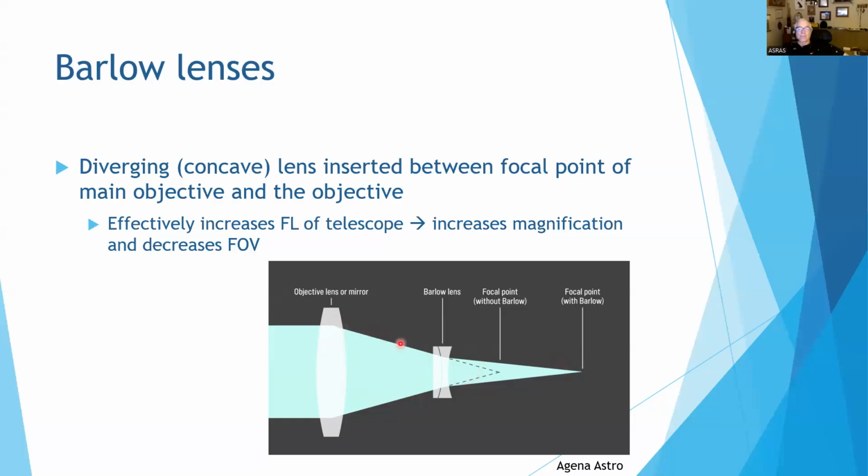You can see this is a straight line here. This is a straight line here. Inserting a diverging lens into this image train causes the light to be refracted outward, and the focal length is extended here. So what the Barlow lens does is effectively increase the focal length of the telescope and therefore increase magnification and decrease field of view.